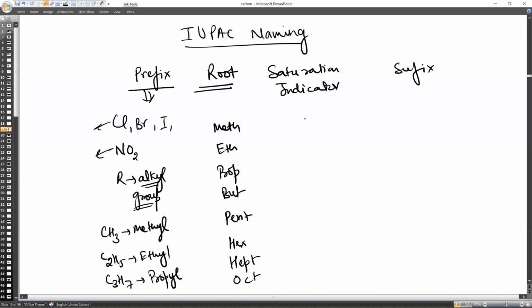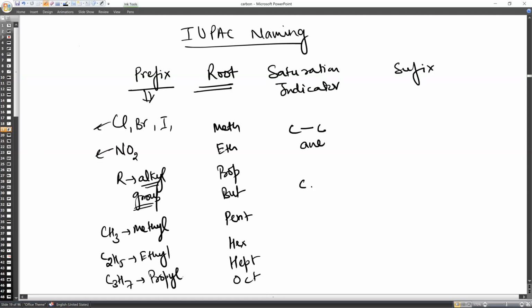For the saturation indicator, if there is a carbon-carbon single bond everywhere, I'm just talking about carbon-carbon, not carbon-oxygen. Mark my point. Then we use the saturation indicator ane.